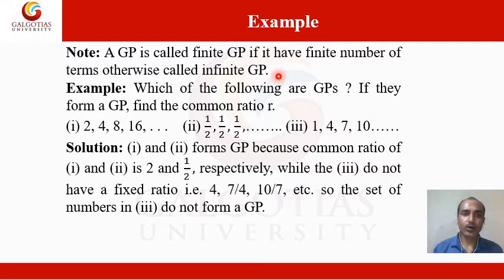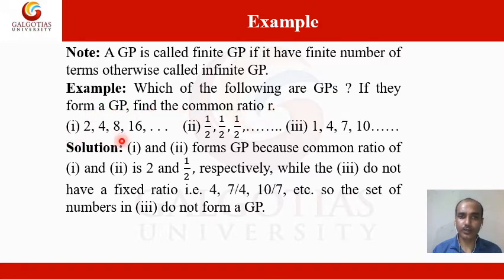Now we will discuss a geometric series with the help of an example. The example is: which of the following represent GPs? If they form a GP, find the common ratio.